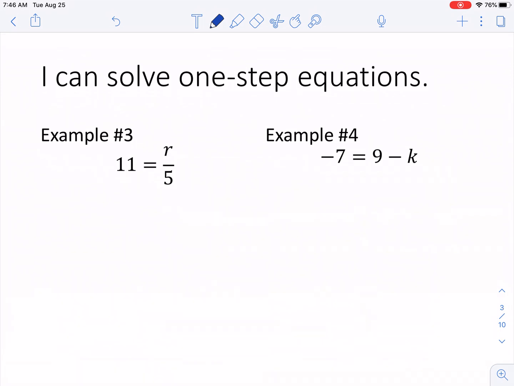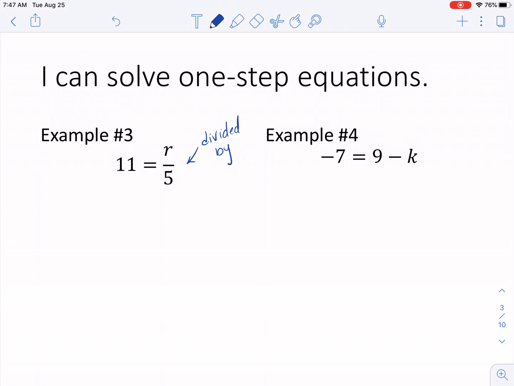All right, how do I read number 3? Example number 3 says 11 equals r over 5. And over is the word that a lot of you guys use. I like to use the word divided by, because fractions are just another way to write division.